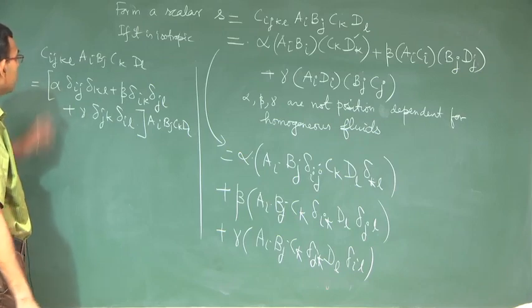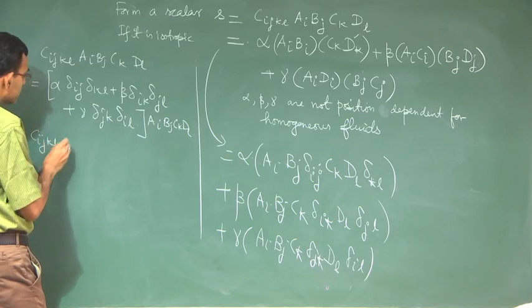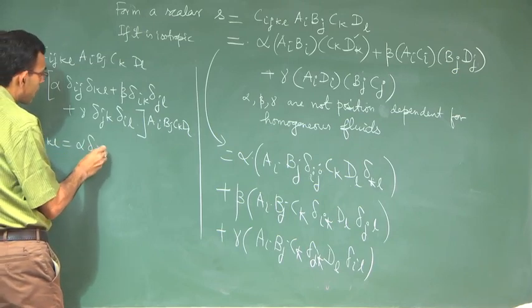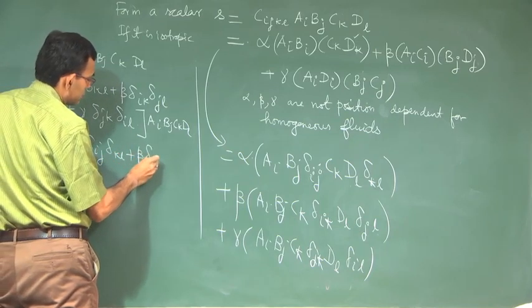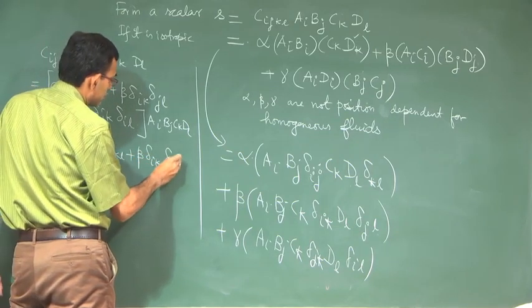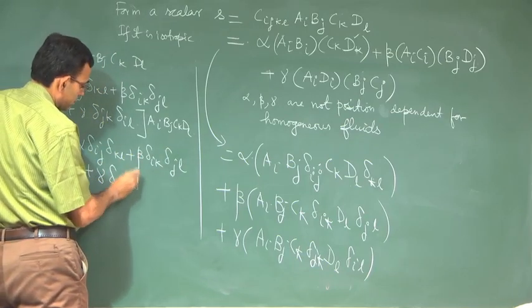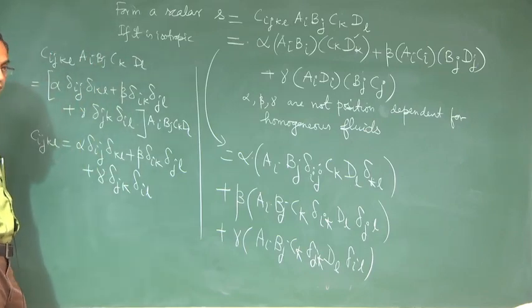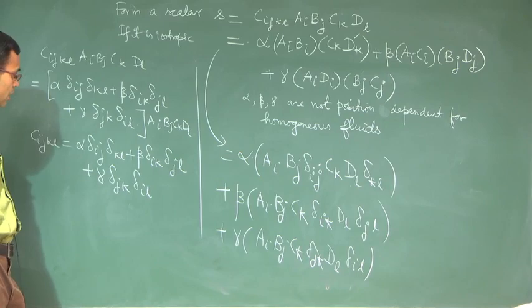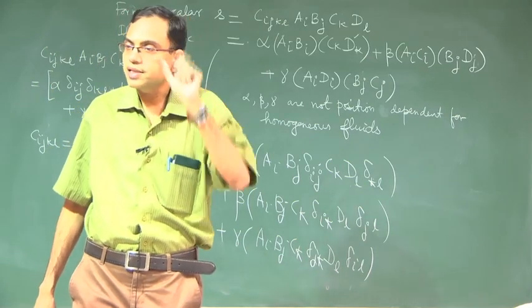That means, by comparing these two, you can write Cijkl. Now, tau ij and tau ji, their deviatoric components are the same.